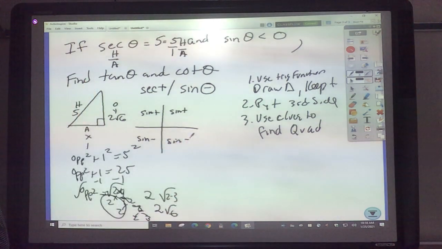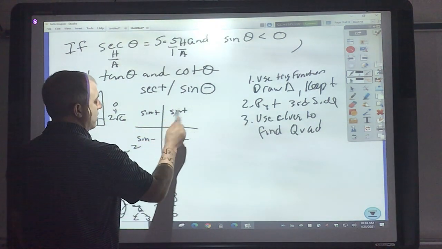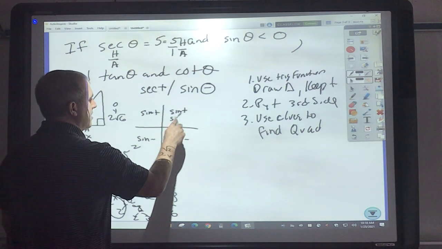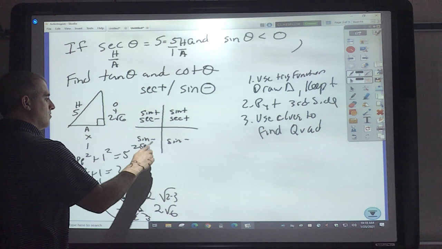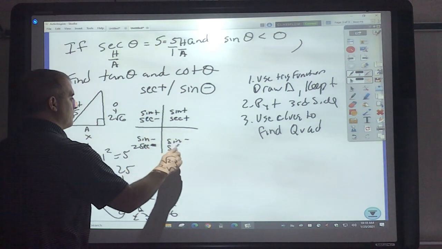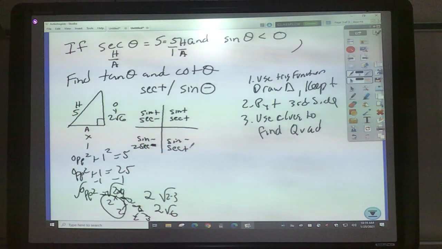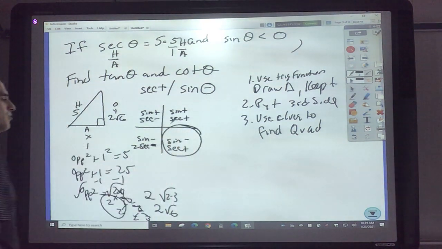We know that from our quadrant stuff. We know that cosine and secant, which are basically the same thing, will be positive here, negative, negative, and positive. So where is the secant positive and the sine negative? That would be down in this quadrant. So we are in quad 4, and everything we apply to quad 4.